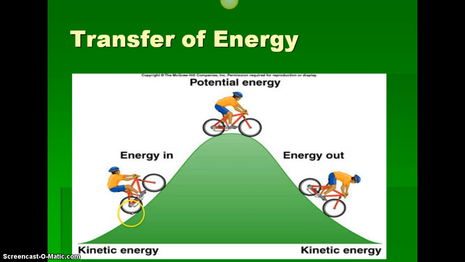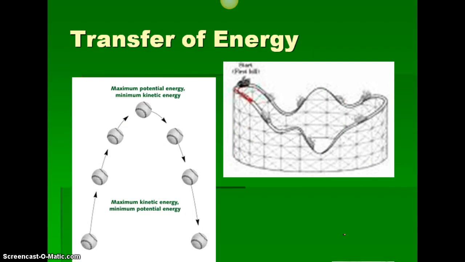It's decreasing kinetic energy as they go up and increasing potential energy until you reach this top point. At this top point, you're going to have the max potential energy and the least amount of kinetic energy. Then kinetic energy will be increasing and potential energy will be decreasing as they go down the hill till you hit max kinetic energy at the bottom of the hill. This is showing that as well. Usually a roller coaster is a good example of that transfer of energy.